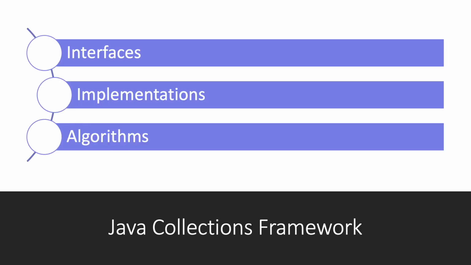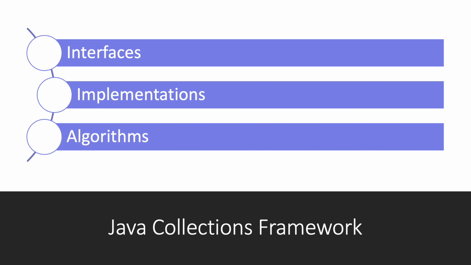To summarize, the Java Collection Framework consists of three components: interfaces, implementations, and algorithms. The interfaces specify the operations or behaviors that must be supported by collections. The implementations refer to concrete classes that implement these interfaces. The last component, algorithms, provides methods that can process groups of items, such as sorting, searching, and shuffling things.